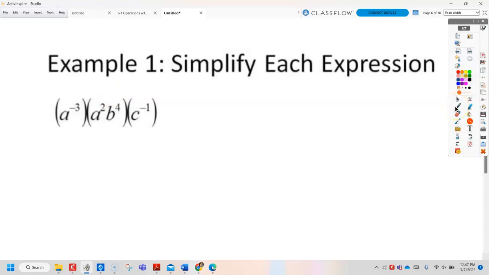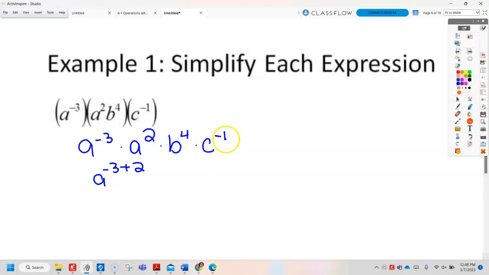So a to the negative 3 times a squared is really the same as saying a to the negative 3 plus 2, because like bases add their exponents. b to the fourth has no like terms, and c to the negative 1, we're going to drop to the denominator because it's negative. So it's going to become b to the 4 over c.